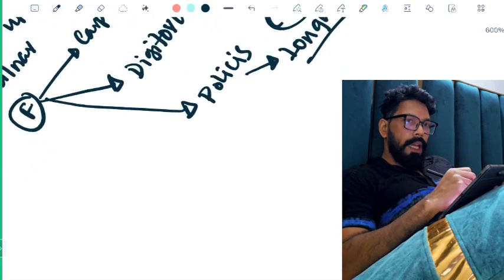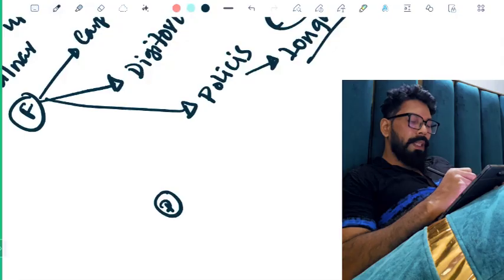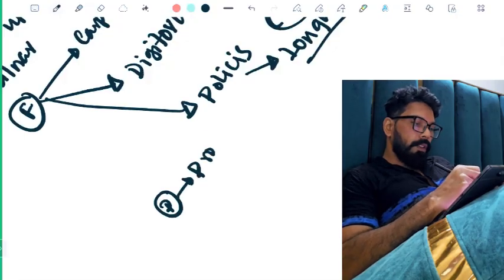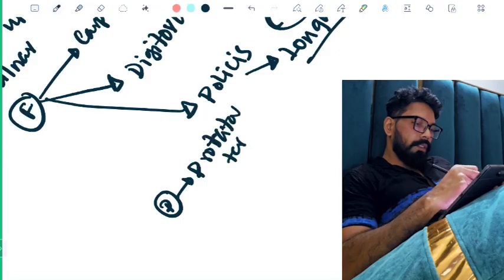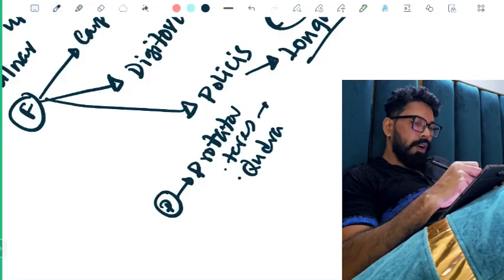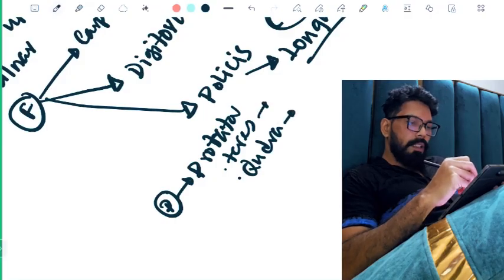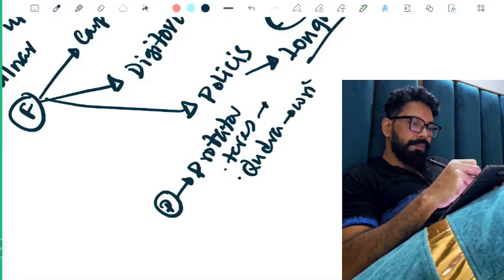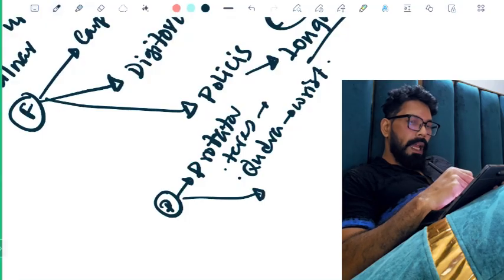Okay, we have P. P for pronator teres and quadratus, one at the top, one near your wrist, and another P, palmaris longus.